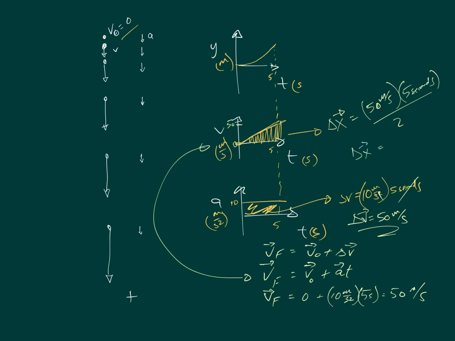So that's 25 times 5, which should be 125 meters. And that should be how far an object falls in free fall. It should be the same as my displacement, because my object didn't change direction or anything fancy. It just started from 0 position, and it must have gone 125 meters in that 5 second time period.